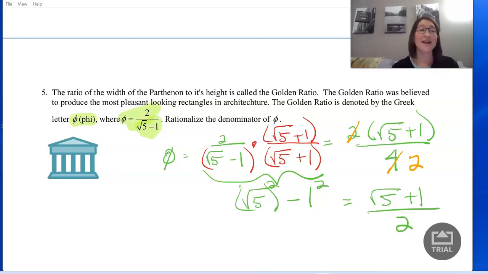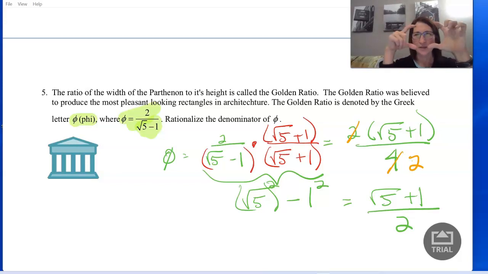We have done a bunch of examples. Rationalizing the denominator, whether you've got one term or two terms, uses two different strategies. When rationalizing with one term, you start with your original radical and multiply by another radical with the same index.